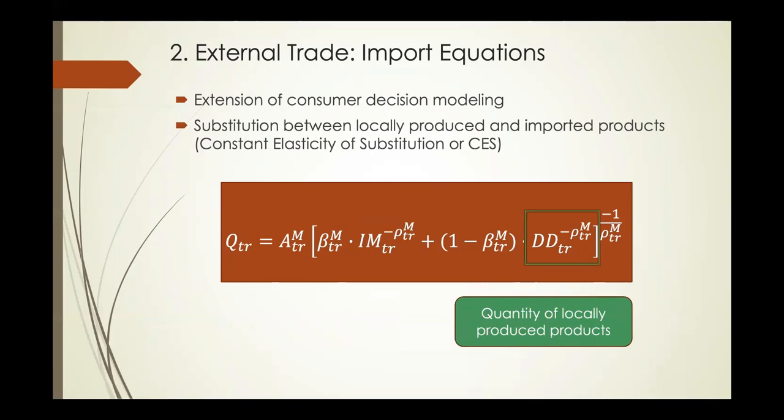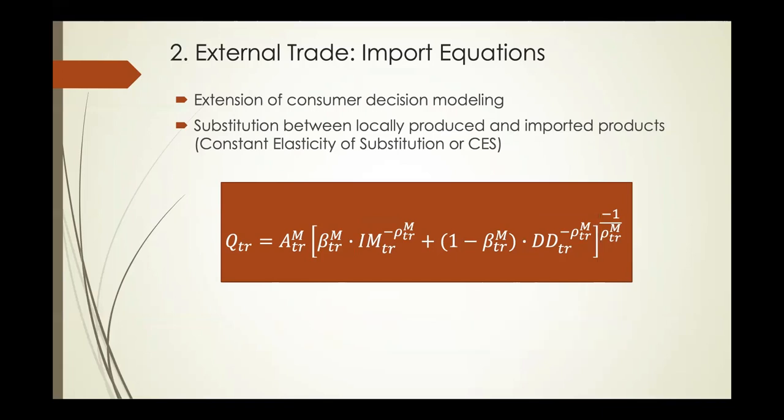A constant elasticity of substitution, CES, is used to specify this trade-off, with parameters A, the scale parameter, beta, the share parameter, and rho, a parameter related to the elasticity of substitution.